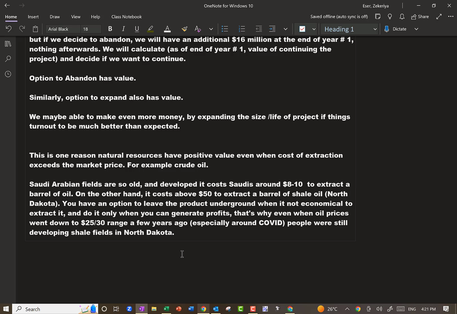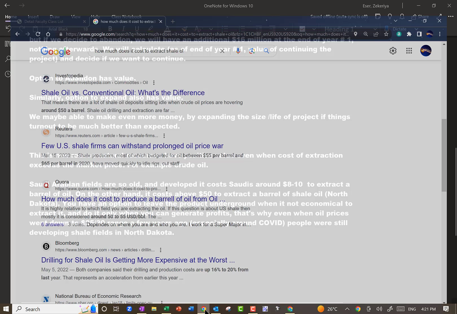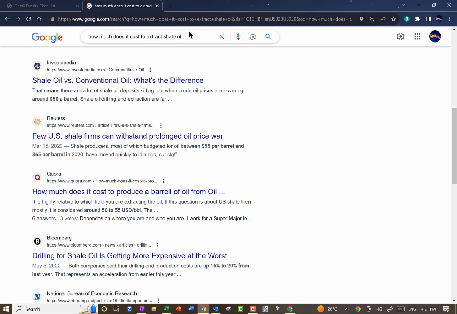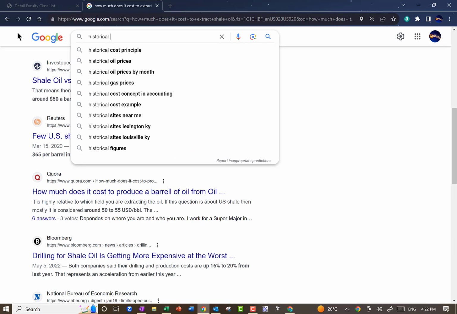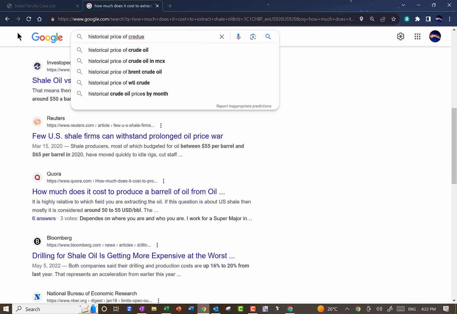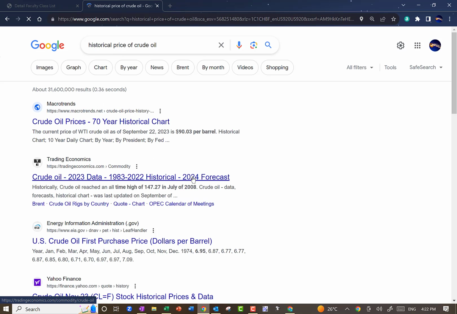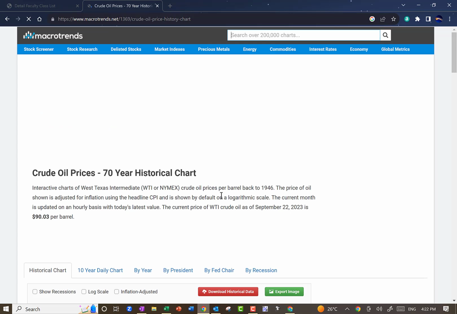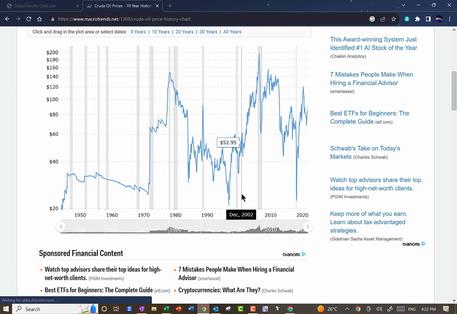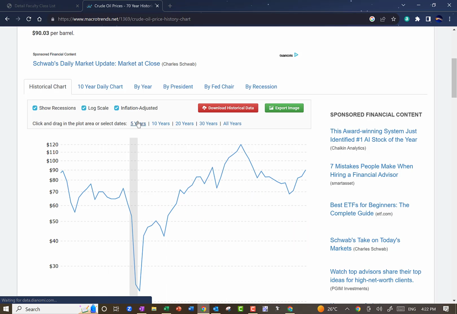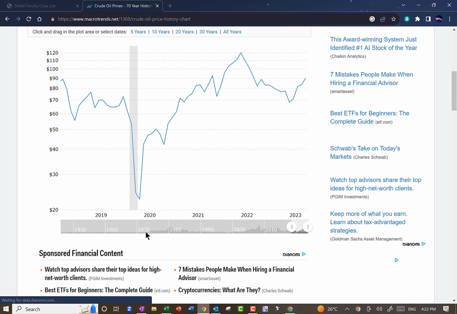Same thing goes with deep sea extraction. Obviously, it costs a lot more than $8. It's not as bad as shale oil, but still, they have an option not to extract it. If you look at, for example, crude oil, let me look at just the last 5 years.